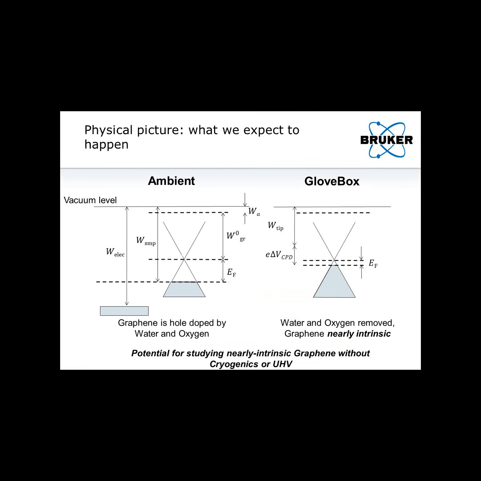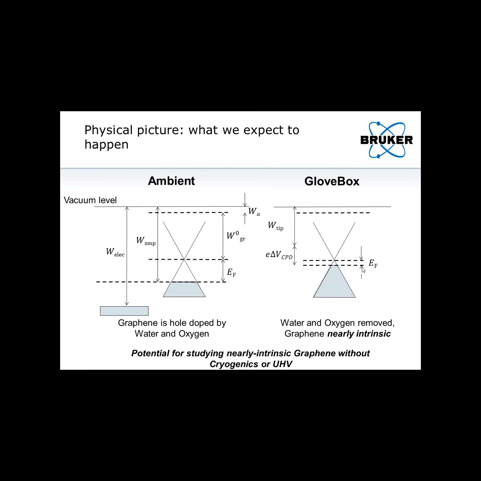And just really quickly, the physical picture for what we might expect to happen is shown here. In an ambient environment, graphene is hole doped by water and oxygen and perhaps some contaminants between graphene and the substrate. In the glove box, the water and oxygen are removed. So you're removing a portion of the dopants that were creating the hole doping.